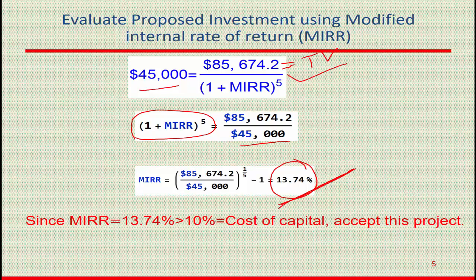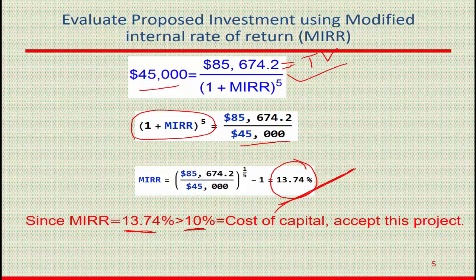So what is this then? That means, as I explained at the beginning, 13.74% is the rate of return that makes the initial outflow equal to the terminal value of the project. And whether to undertake this project or not depends on the cost of capital. So we compare MIRR with the cost of capital, right?